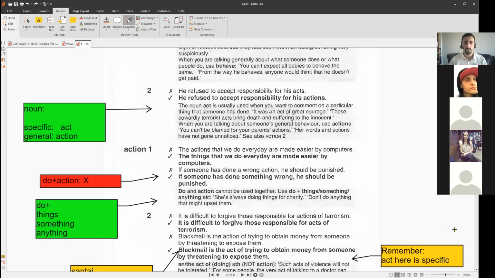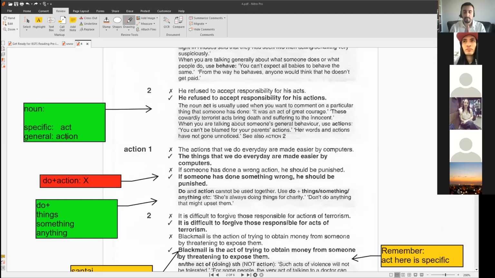Okay. So here we have two words, act and action. So what is act and what is action? As you see, noun, specific act. Again, we have here the specific understanding, but general action. Act is verb and noun, all right? But whenever we talk about the specific thing, it is the act. Let's read the explanation here.